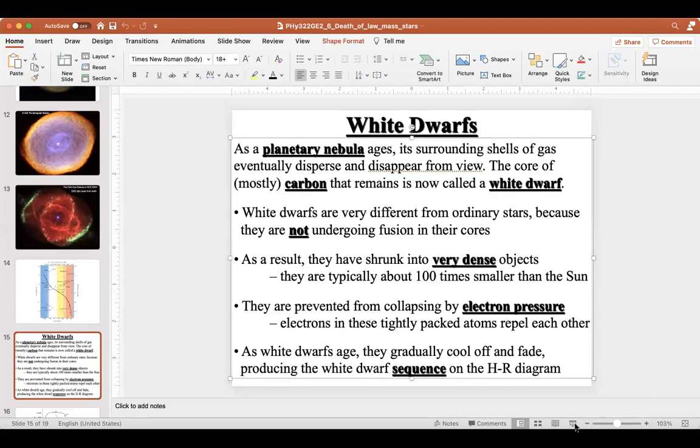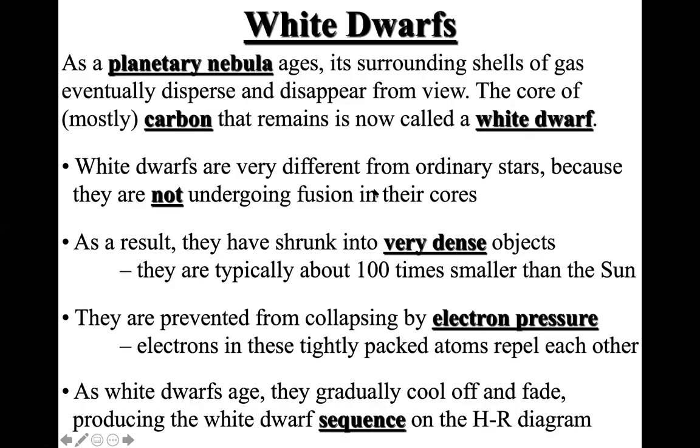So I have been talking about these white dwarf stars. What I discussed is that once you have this stage with the star, you have a central carbon core and the planetary nebula.